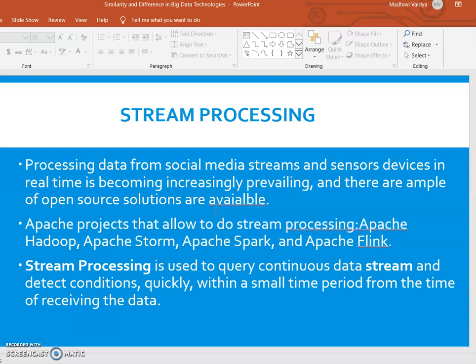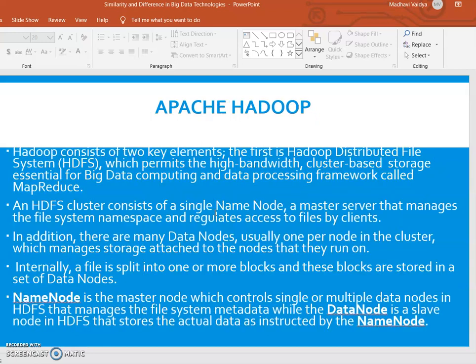So there is Apache Hadoop, Apache Storm, Apache Spark, Apache Flink, etc. And they do stream processing, and it is nothing but to query continuous data streams and detect conditions quickly within a small period of time. It is going to receive the data very fast, and it is going to give us an idea from the analytics. So this is about the stream processing.